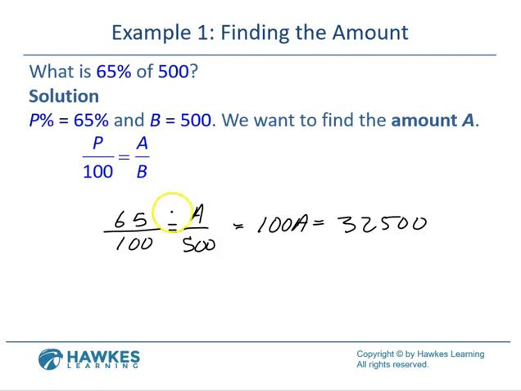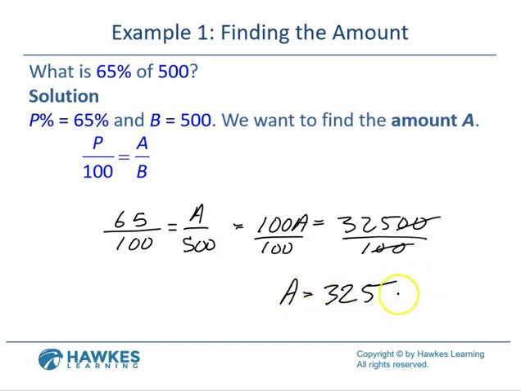Just like in our proportions, we divide off this 100 from both sides: 32,500 divided by 100, which we can do by removing the 2 zeros. These are reduced out, and so A is going to equal 325.